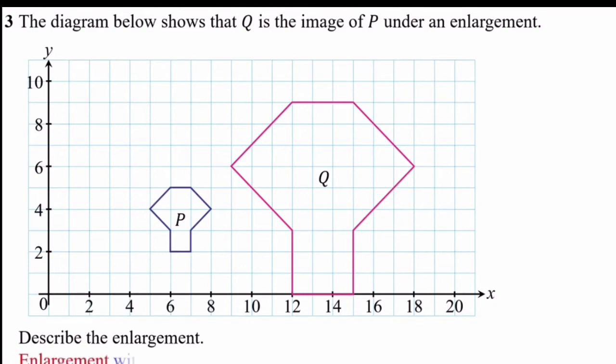We must find the corresponding side of the image divided by the corresponding side of the object. The pink one is the image. So we count 1, 2, 3. We have 3 units. Corresponding to this side is just 1 unit. So that means the scale factor is 3 divided by 1.